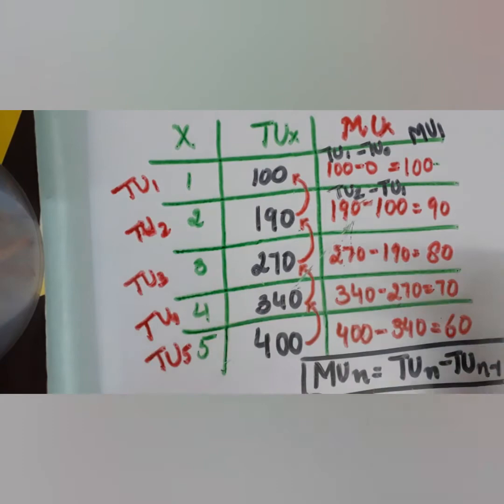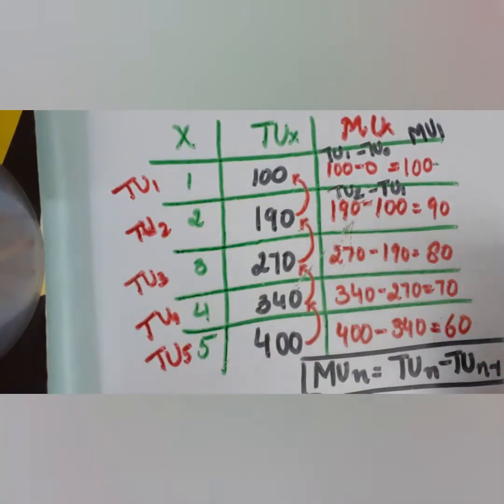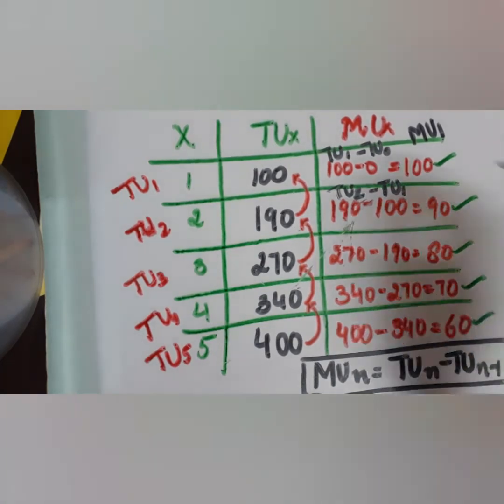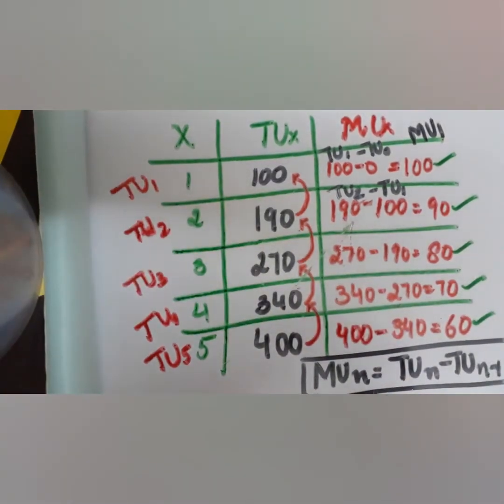In this way you will find your total utility. So this is the way to find marginal utility. Now see one thing, that it is decreasing. When you see this 100, 90, 80, 70, 60, it is decreasing at a constant rate. I want to tell you one more thing, that there are different rates of decreasing. So we will be discussing all the rates of decreasing.